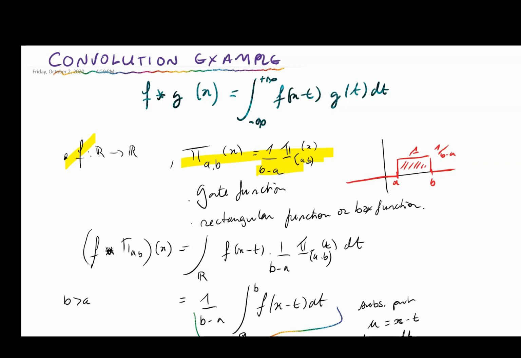Okay, so in the previous video, we were computing the convolution product, using the given formula, of our two functions: a function f, which had no specific requirement for the moment, and our rectangle function, the pi function, which is just a constant function with an area of 1 on an interval of size b minus a.